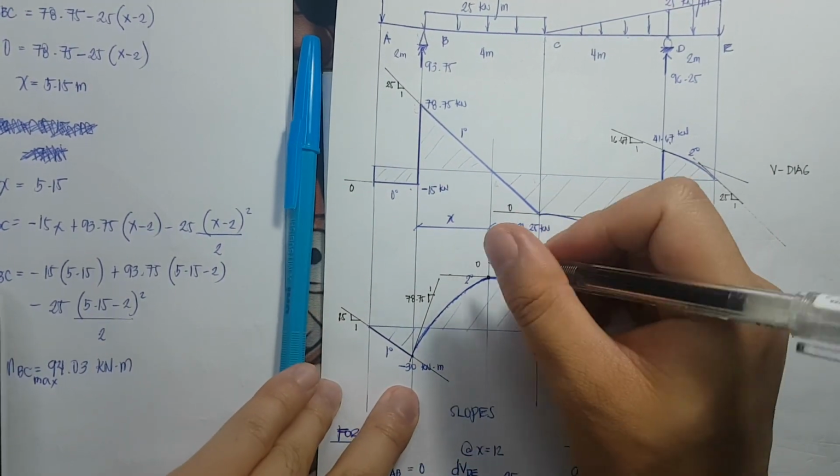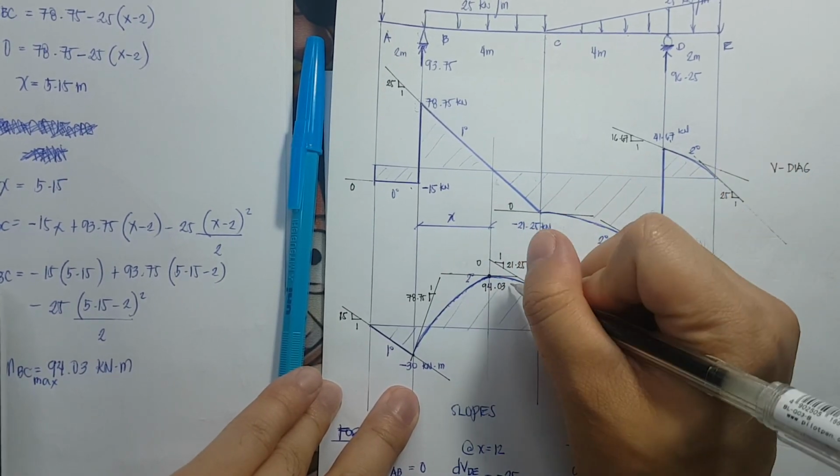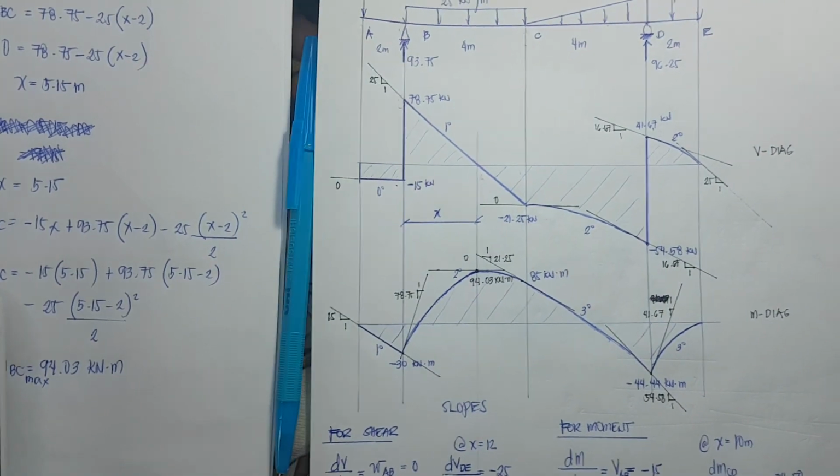Therefore, the moment here is 94.03 kilonewton meter. And that is how you get your maximum moment.